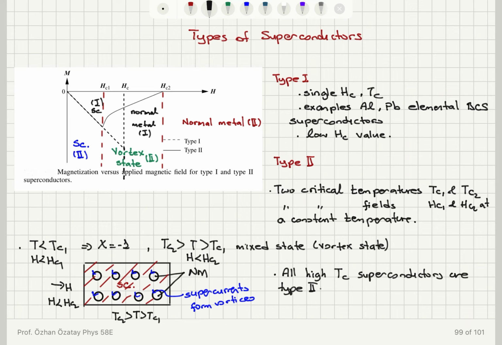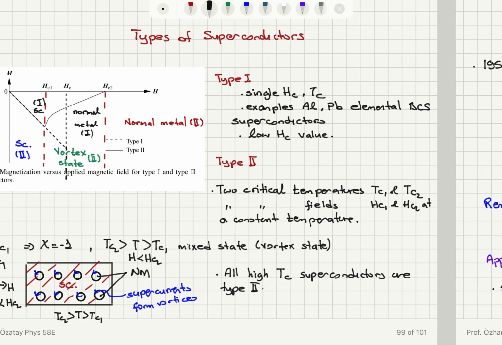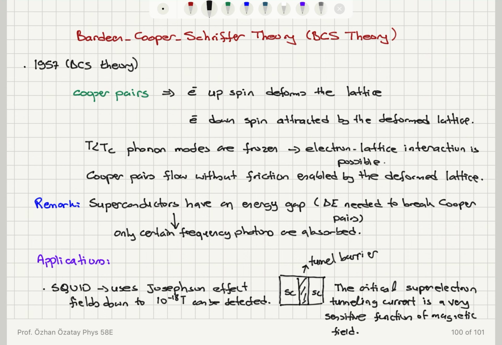When we apply a magnetic field, the flux lines can pass through these normal metal regions, and they induce currents flowing around them, forming supercurrent vortices. So they are in a vortex state. All high TC superconductors are type 2.